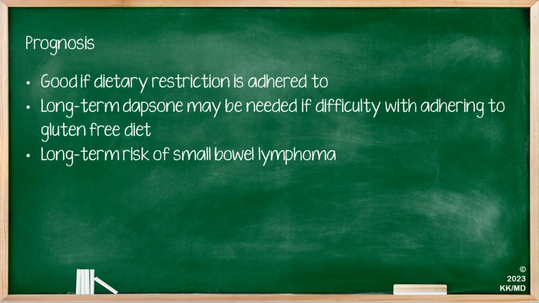The prognosis of dermatitis herpetiformis is generally really good if the patient is able to keep to a restricted diet. Long-term dapsone may be used, especially if adherence to a gluten-free diet is quite difficult for the patient. In terms of risk and complications, really the biggest risk factor is the possibility of long-term risk of small bowel lymphoma.